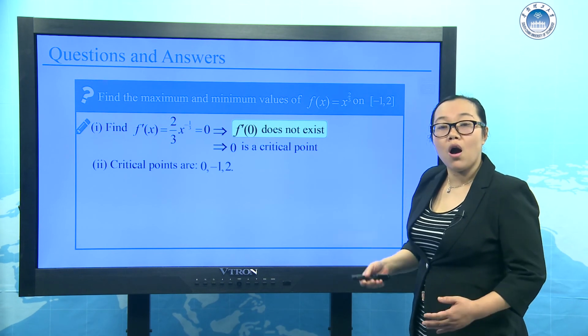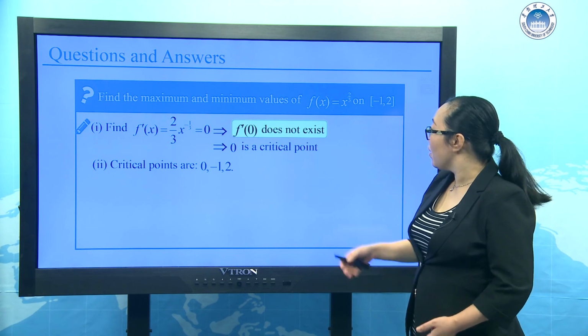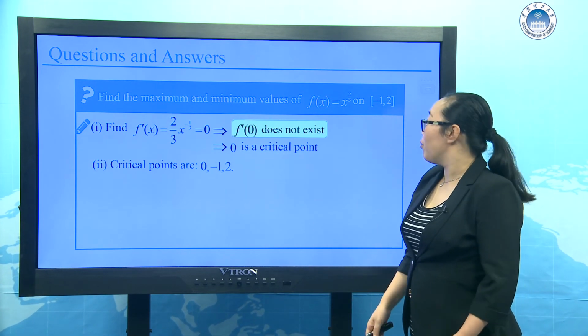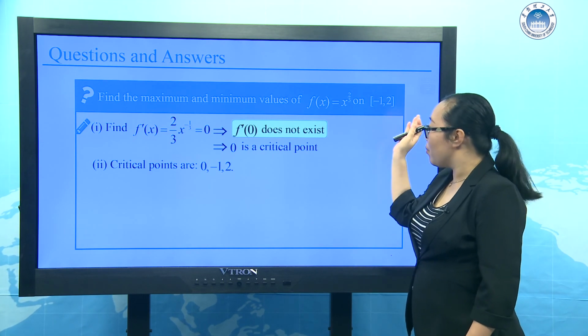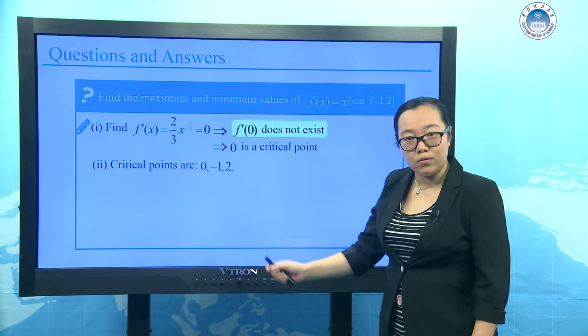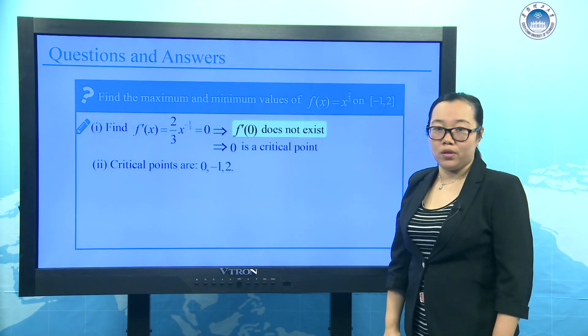And then count the number of critical points. How many? 0 is our critical point. Consider the endpoints, so together 0, -1 and 2. 1, 2, 3. There are 3 points.